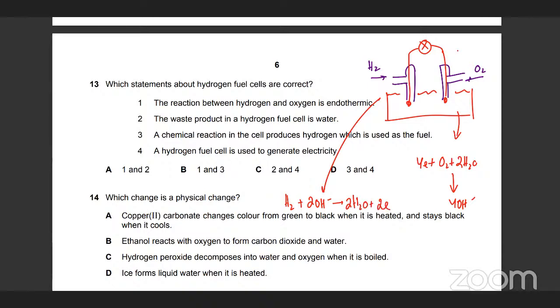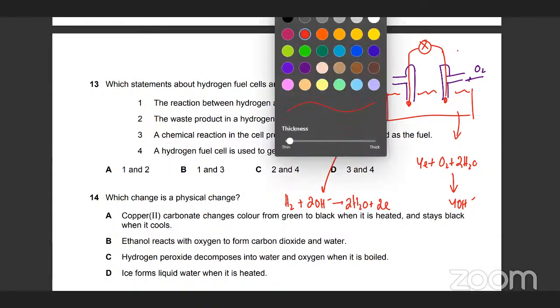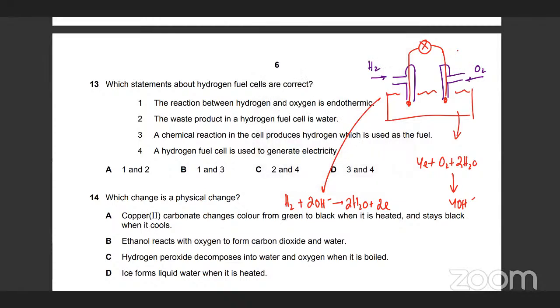So you have to remember all of this. This has to be memorized. There's a reaction happening on one side, and a reaction happening on the other side. Is this clear? Do you remember this?